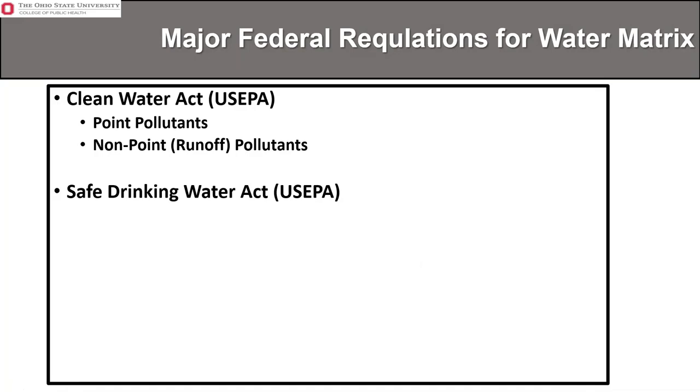Major federal regulations: where you had the Clean Air Act for air, we have the Clean Water Act for water, and we talk in terms of point pollutants where there's direct discharge from an identifiable source, and then non-point, which is runoff. So think agriculture, think stormwater, and so forth.